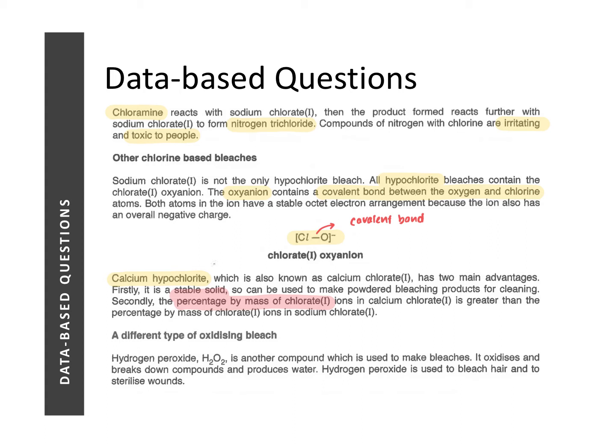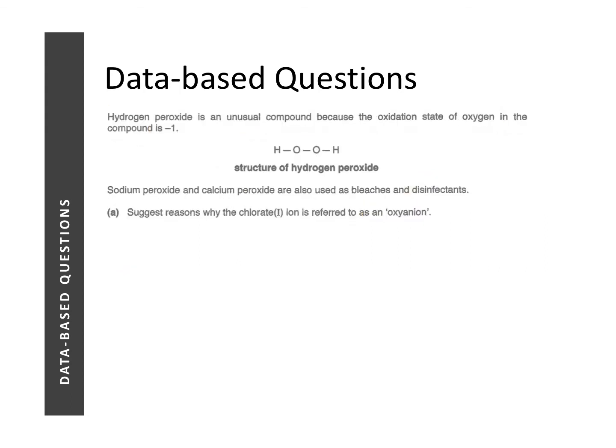The next paragraph talks about hydrogen peroxide, which is another type of compound that can be used in bleaches. Over here, they tell you that when it acts as a bleach, it produces water. Water is the product. And then they go on to show you the structure of hydrogen peroxide.